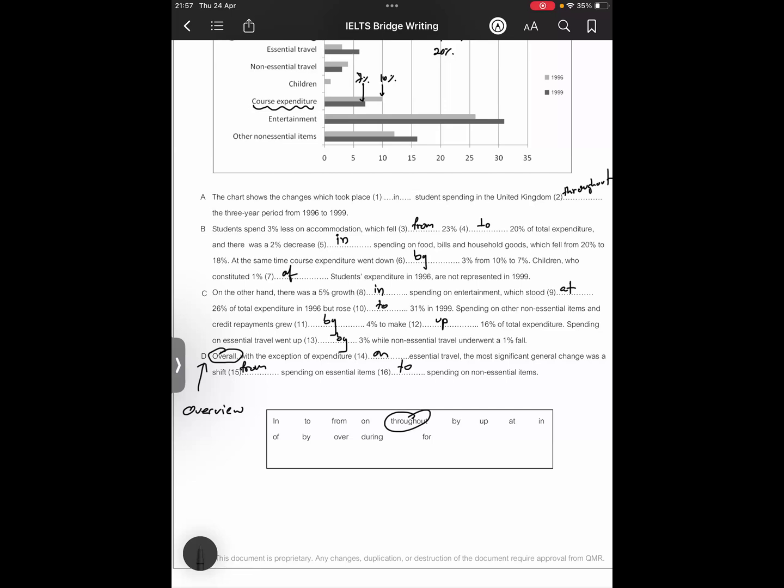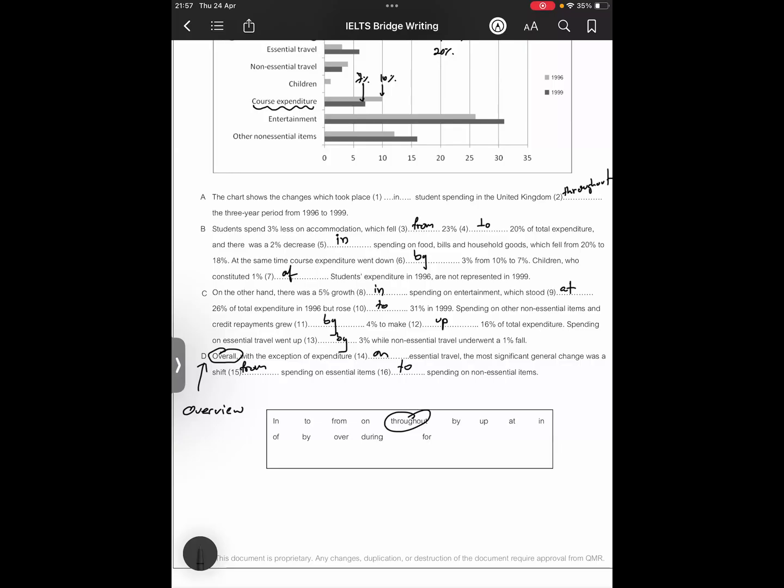Okay, it says here, spending on essential travel went up, while non-essential underwent a 1% fall. So essential travel is the only essential spending that actually went up, because the majority of essential expenses went down.